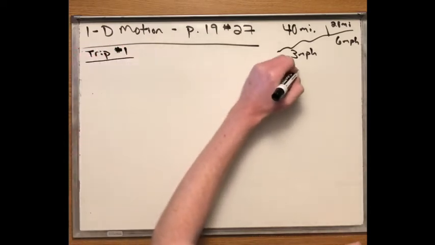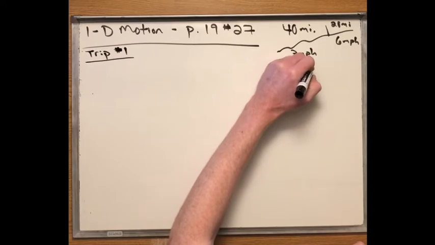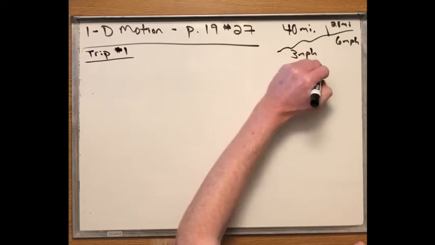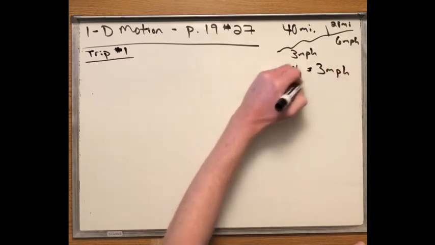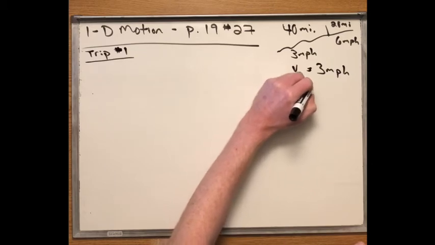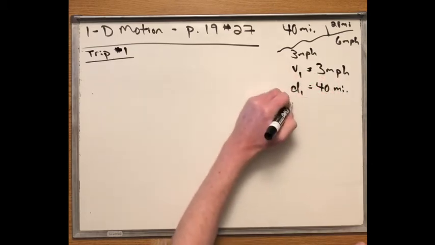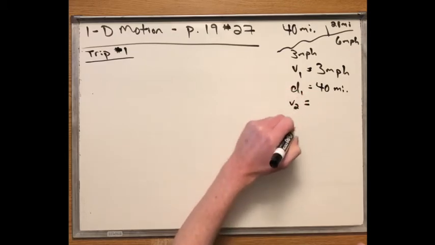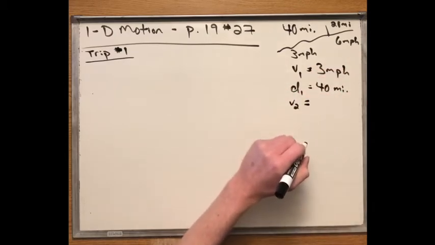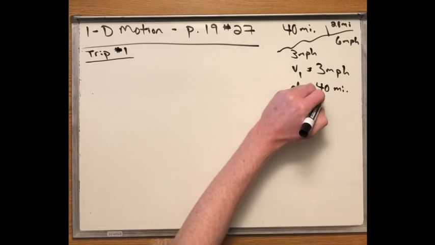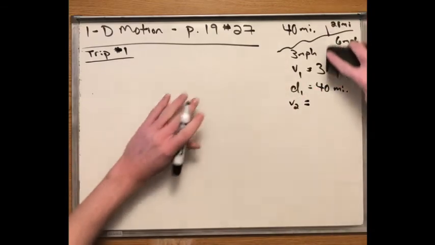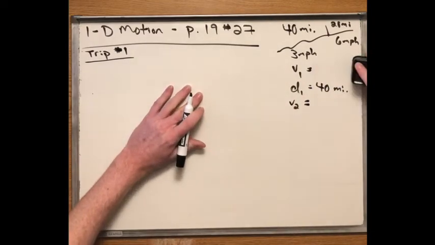And so we can say here, just to make our list, V1, the velocity on the first segment of the trip, is 3 miles per hour. D1, the distance, is 40 miles. V2, the speed on the second part of the trip, is 6 miles an hour, and I guess I should write 6.0 and 3.0 because that's what it says in the problem.